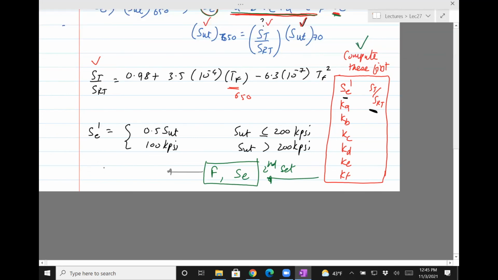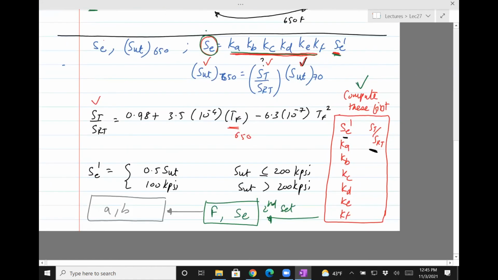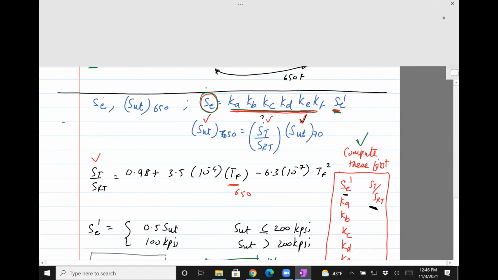KF is not given. It's a miscellaneous factor. If you have some corrosion or other effects, you'll be told what factor to use. Otherwise just put 1, which means it has no effect. Once we find F and SC, we'll find A and B, and then we are pretty much done. So let's go on to find the second set.